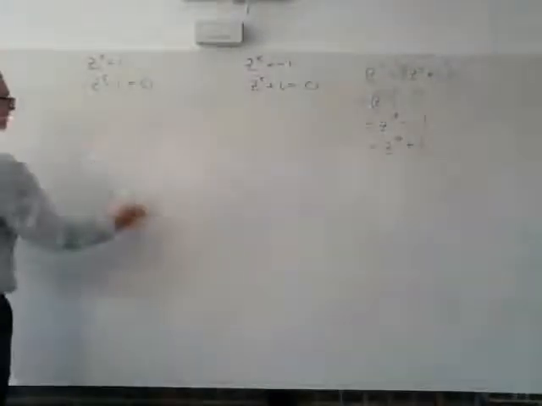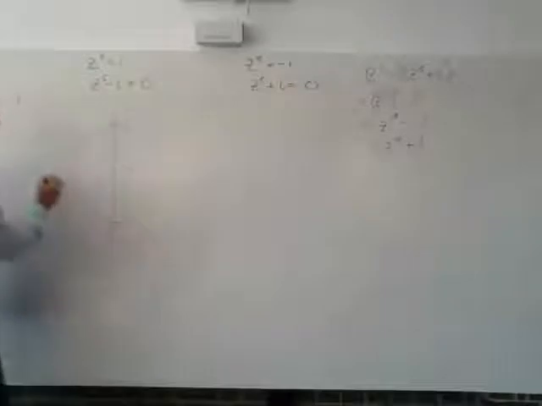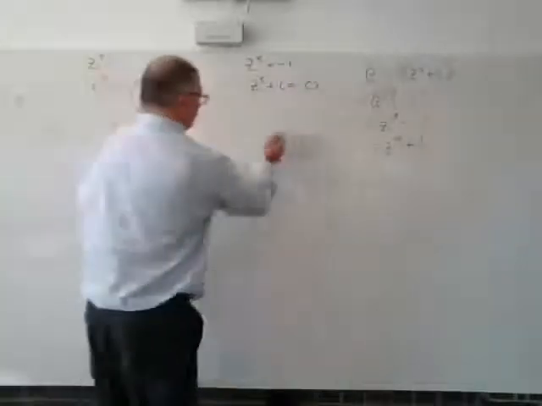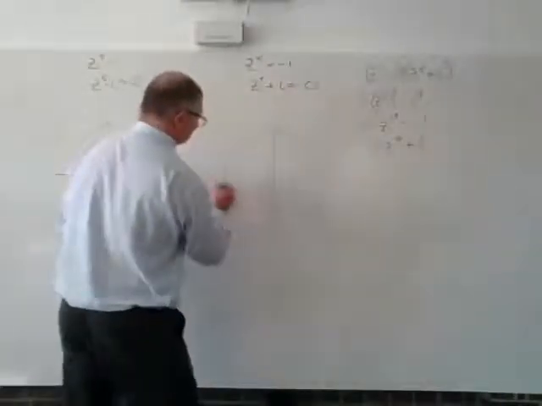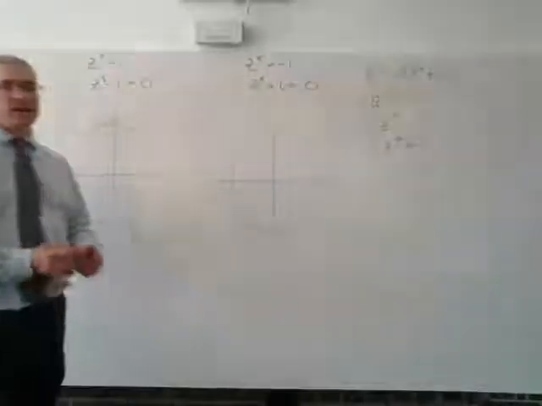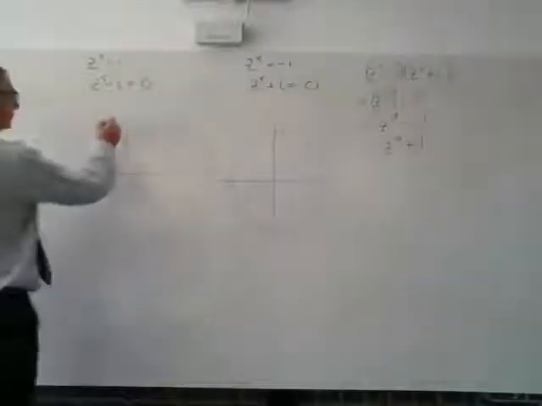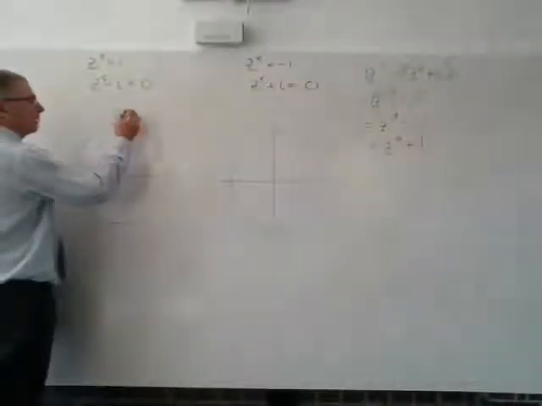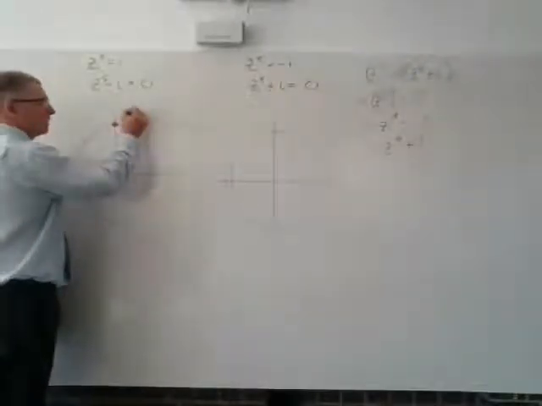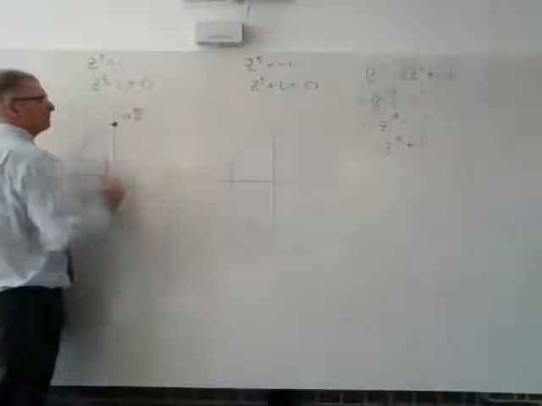Now, none of these will have conjugate pairs. So we're going to, first of all, sketch this one evenly spaced. Our first answer is cis of pi on 2, which I'm going to write as 5 pi on 10.